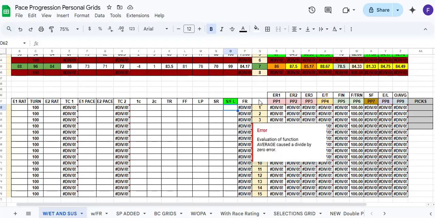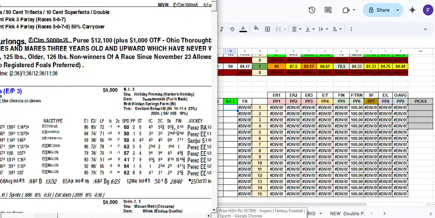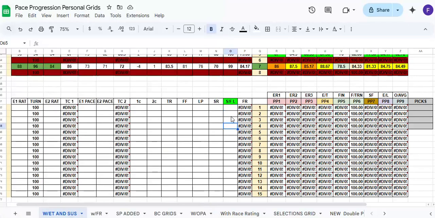It's the last 2 calls of the race, like we were doing before. Oh, that's right. Stretch final. And then the lengths gained or lost. Okay? So that was a component before of our fitness rating. Now all we're going to do is put that by itself in there.